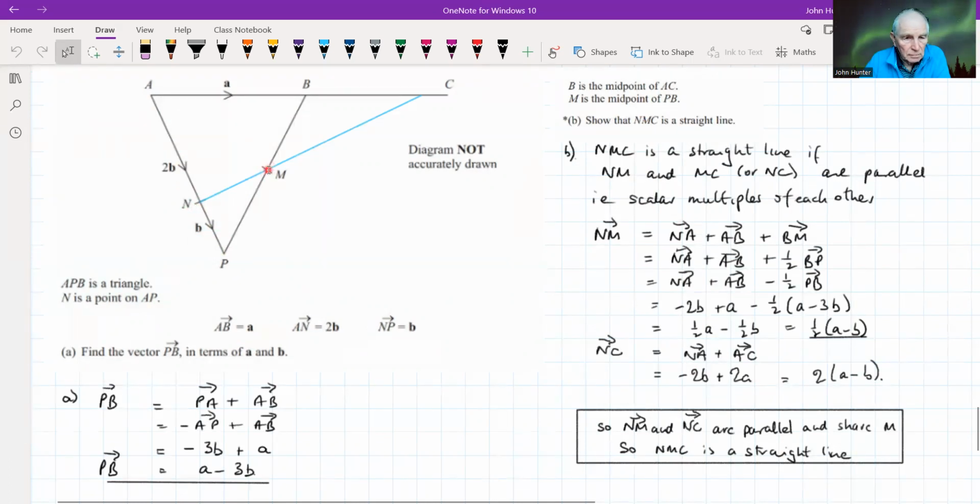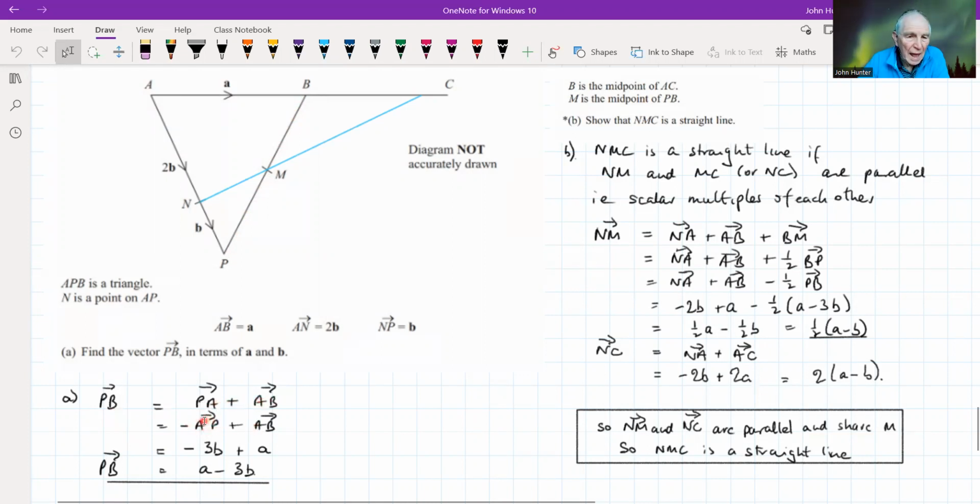Right. So that's the first question, is to find the vector PB in terms of A and B. Okay. So PB, that's this here. Again, PB equals PA plus AB. There's our expansion.